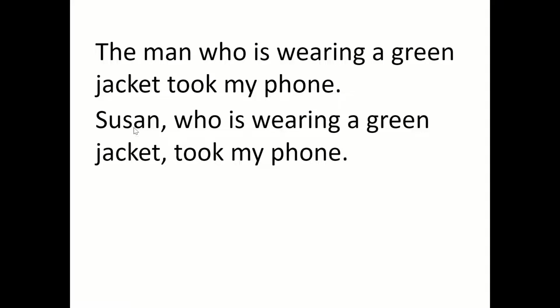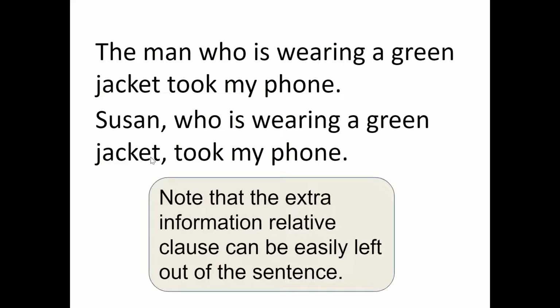In the second one, we have Susan, who is wearing a green jacket, took my phone. Now, in this case, we already know who the person is. She's Susan. We already know her. We know her name. We know who she is. So in this case, the relative clause is adding extra information. And extra information relative clauses can be easily left out of the sentence.